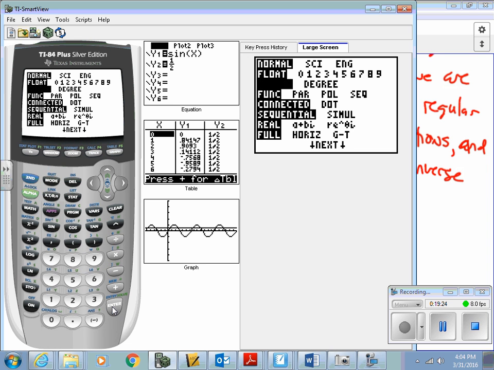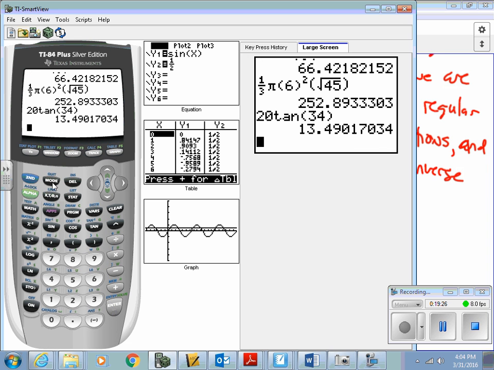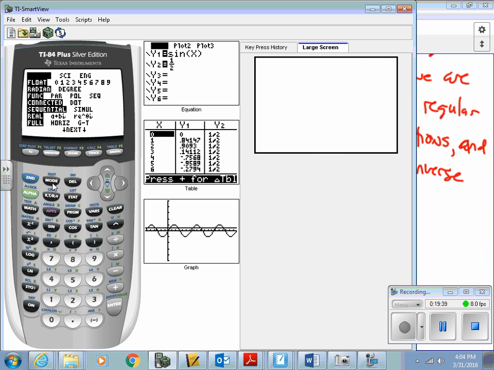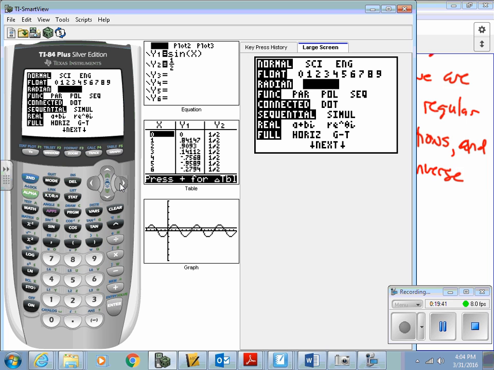If I did the same thing, 20 tangent 34, your answer is much different. So be careful that you're in degree mode. I don't think anything that you do will need radian mode, almost positive about that. So just switch it to degree mode. Don't worry about radian mode until you get to Algebra 2.